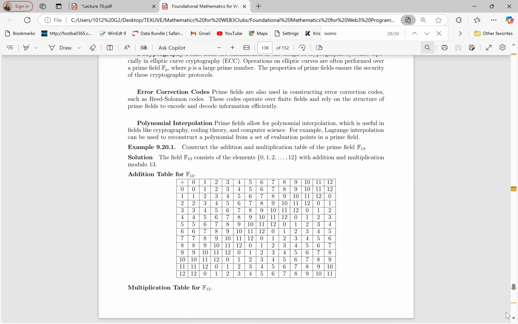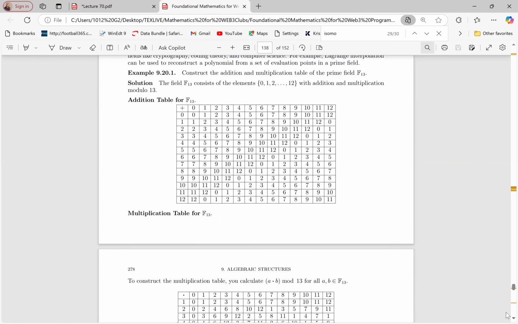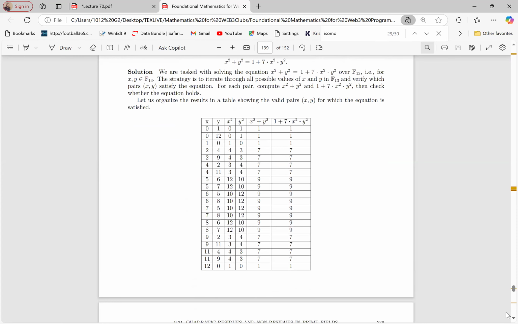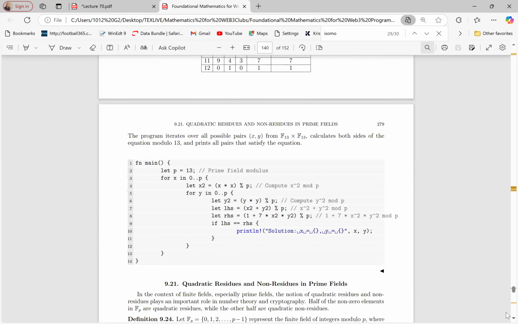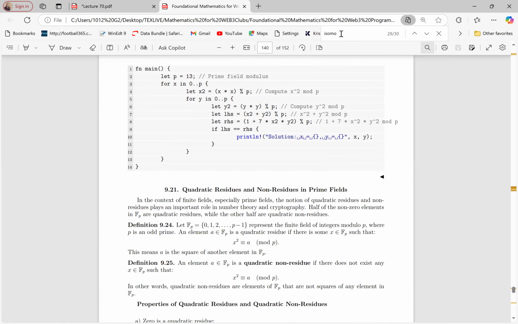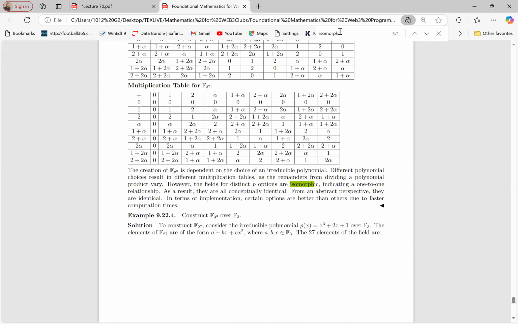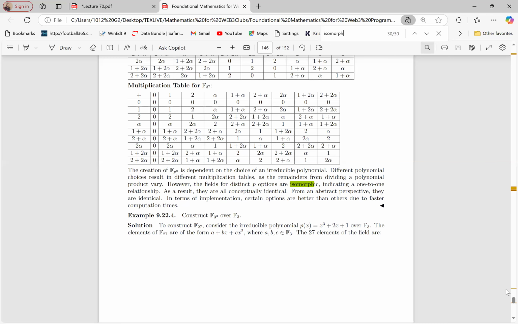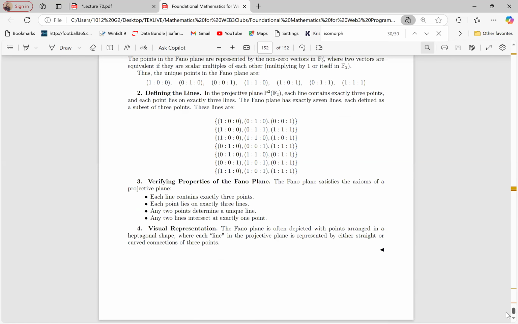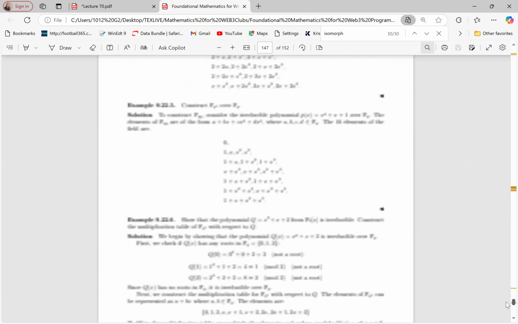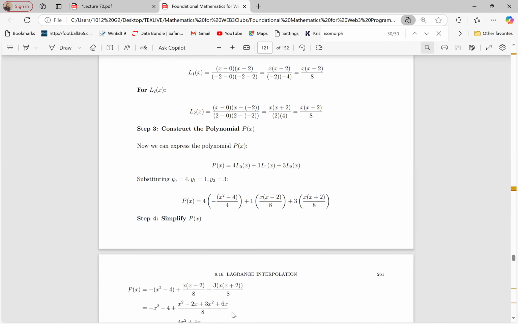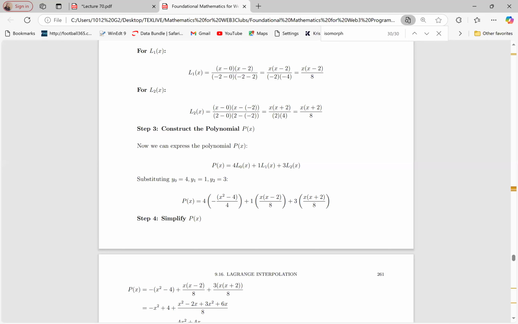There's something I wanted to look at, not really isomorphism, but related to it.